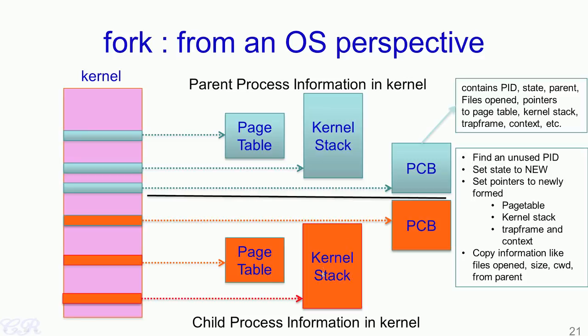The kernel stack pointer would point to this newly formed copied entry, and pointers to the trap frame and the context which are present within this kernel stack. Other information such as the files open, the size of the process, the current working directory, etc., are also copied from the parent's PCB into the child's PCB.